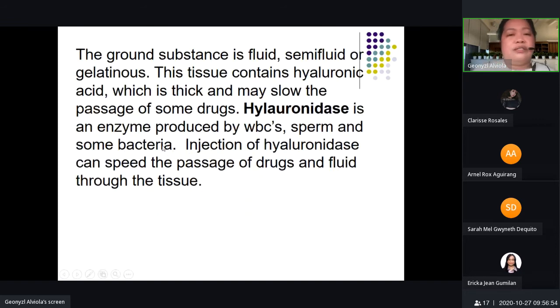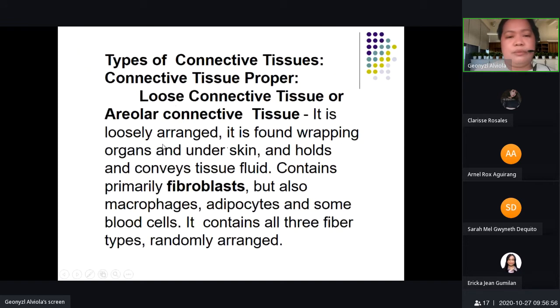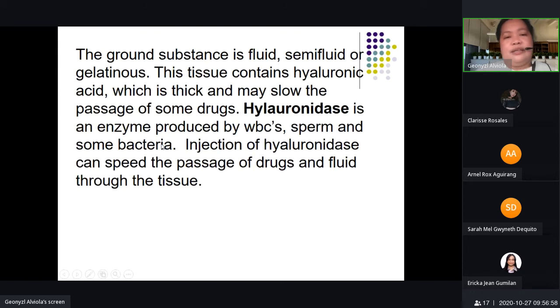The ground substance of this is fluid, semi-fluid. Okay, next. So the ground substance could either be semi-fluid, fluid, or gelatinous. And they have this enzyme called hyaluronidase. So it is an enzyme produced by WBC, sperm, and some bacteria.